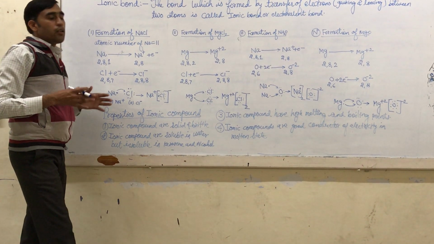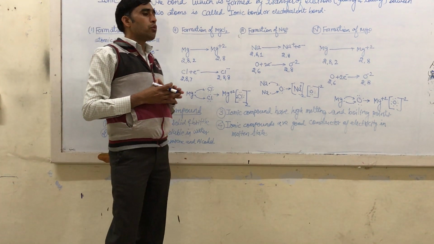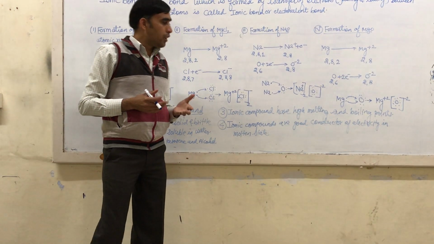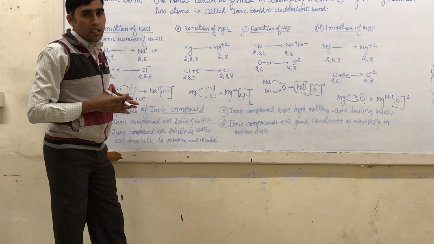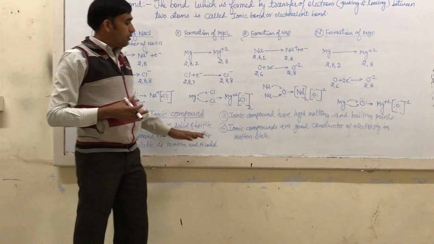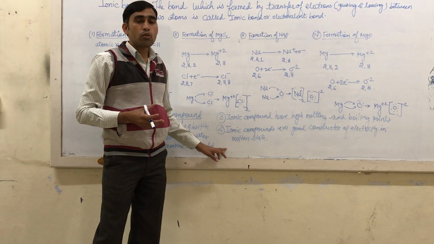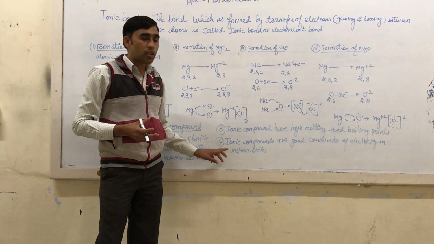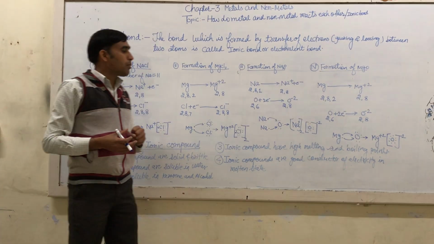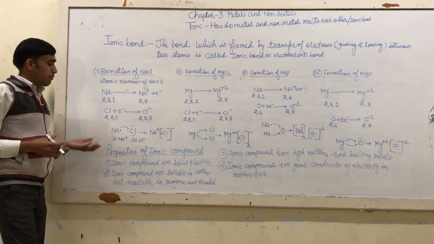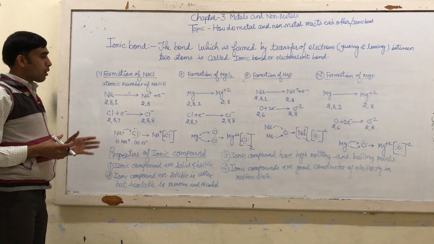It is because when you melt or dissolve the ionic compounds, the ions become free to move and these ions conduct electricity. Therefore, ionic compounds are good conductors of electricity in molten state only. So these are basically four properties of ionic compounds.